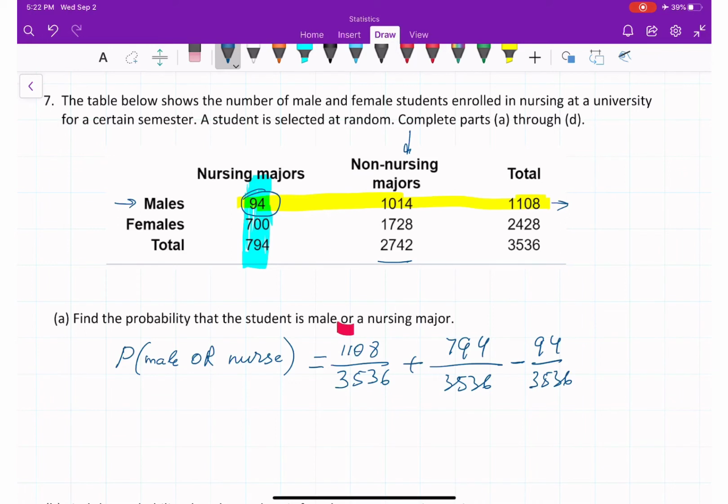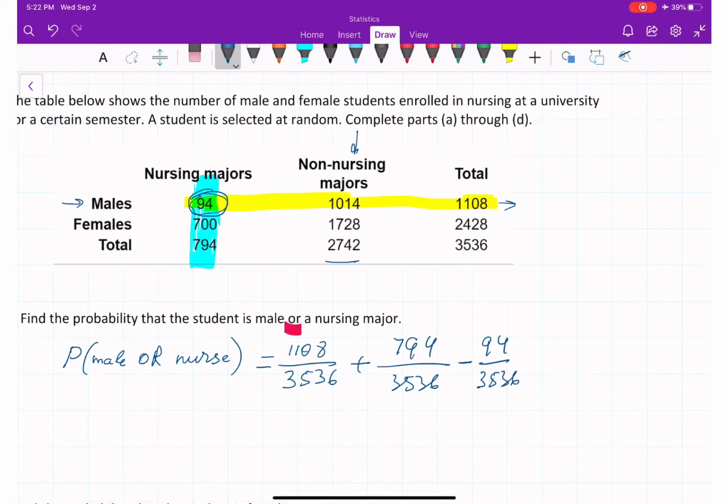Because 94 are among males and 94 among nursing also. So the intersection we need to subtract, otherwise it will be duplicated in male and in nurse. So once I subtract and convert into decimal notation, I will get 0.511.